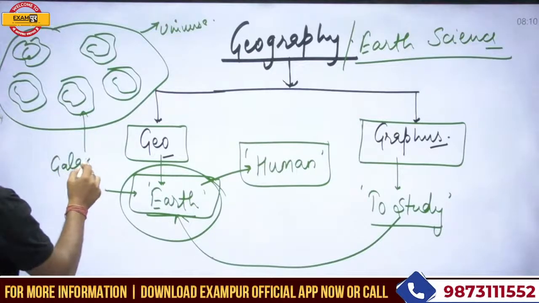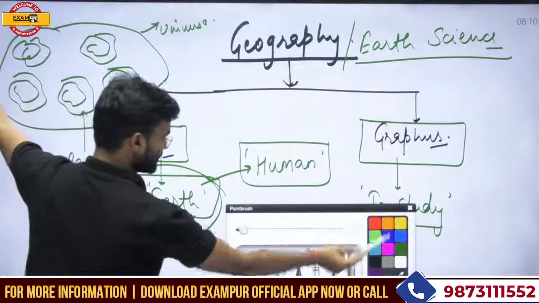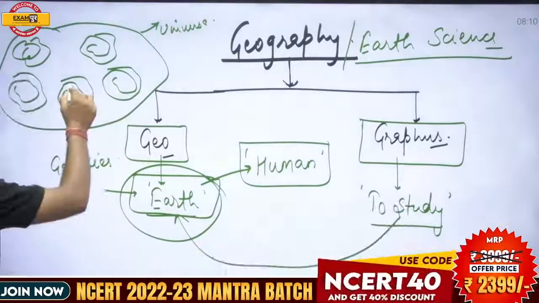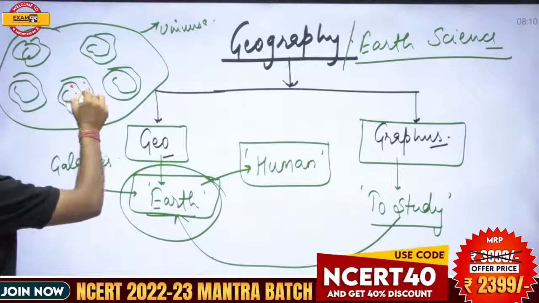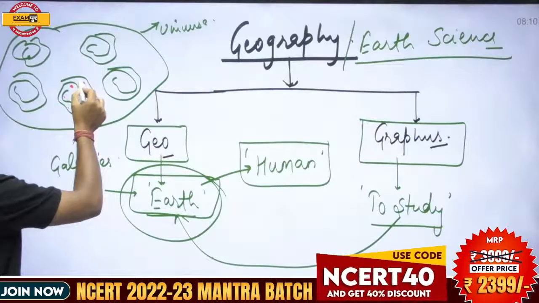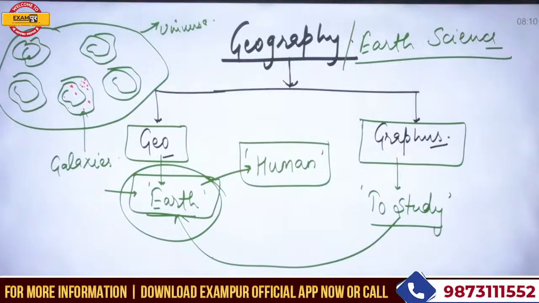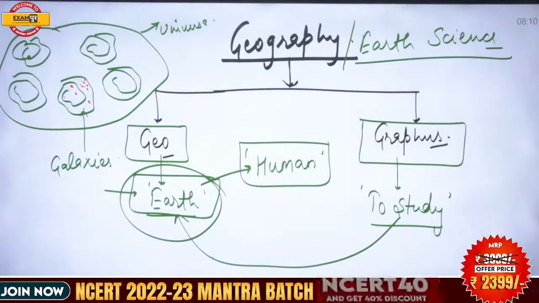So any universe consists of many galaxies. In one galaxy, there are many stars, and stars have solar systems, or stars have planets.